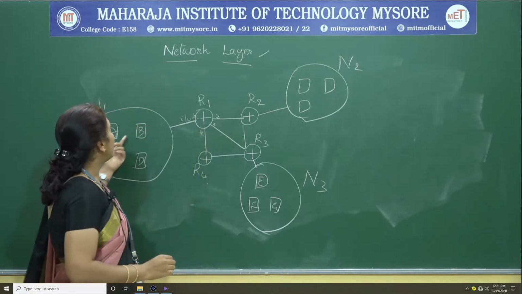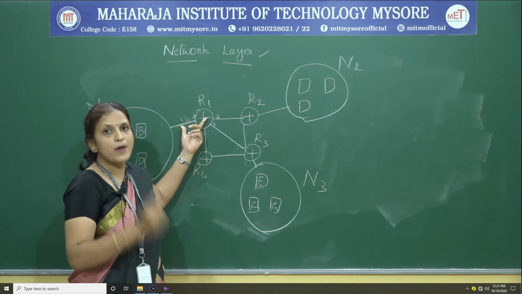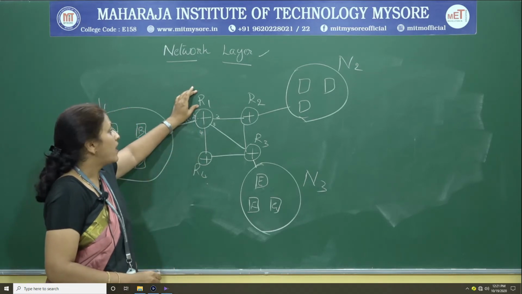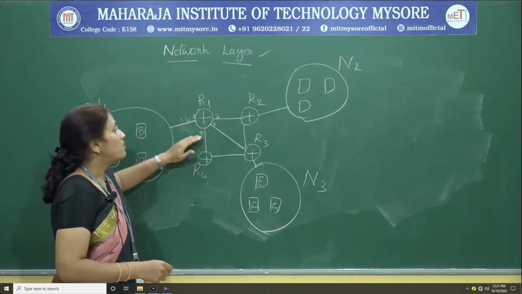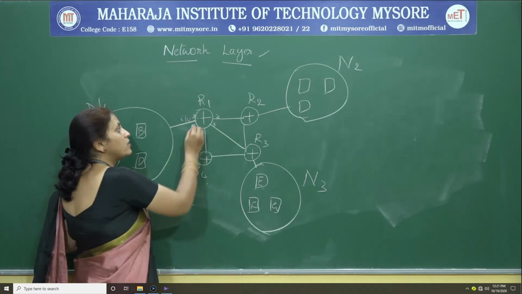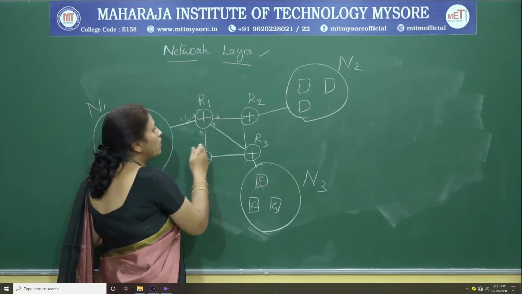Looking at the destination address specified in the data packet that has arrived through the input link, R1 makes a decision as to which output link that particular data needs to be forwarded. Based on that, it will forward the packet to the respective output link.